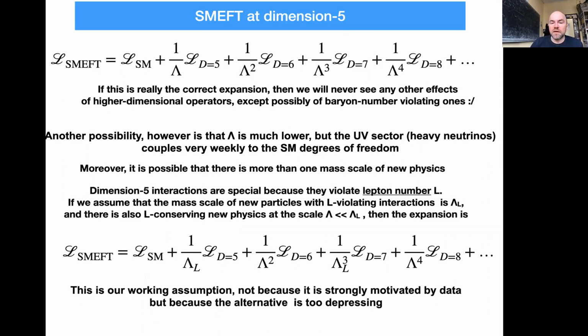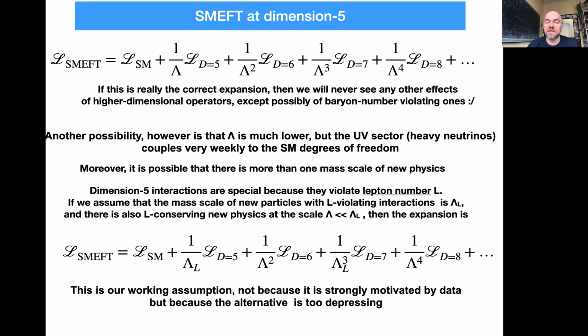The point is that these dimension 5 terms are somewhat special, because like all odd dimension terms in this effective Lagrangian, they violate lepton number. So it is possible that new physics violating lepton number is indeed at a very high scale, at 10^15 GeV. However, there is also new physics that doesn't violate lepton number, and it comes at a lower scale, maybe at 10 TeV, maybe at 100 TeV.